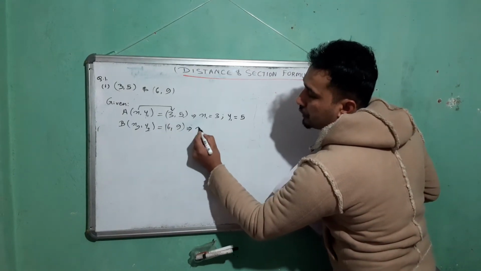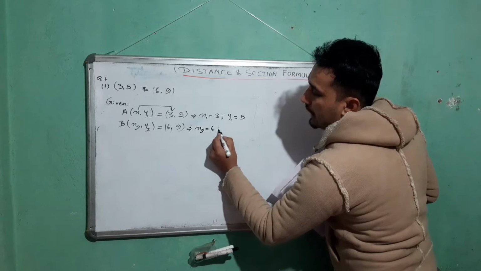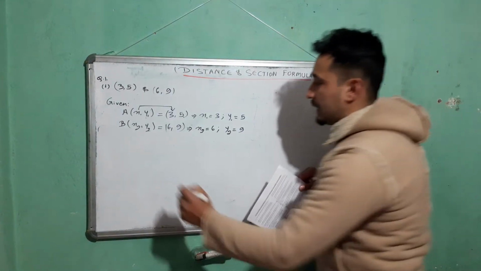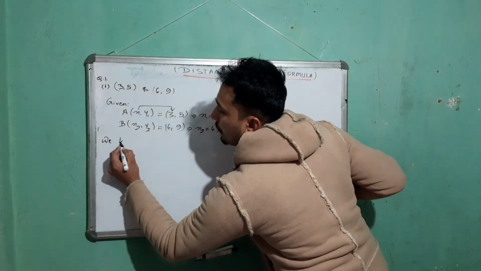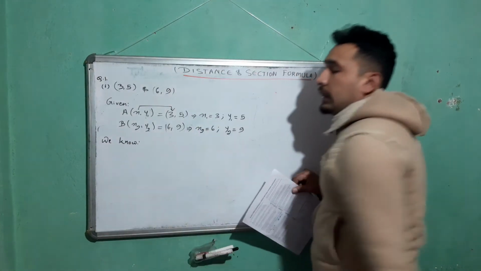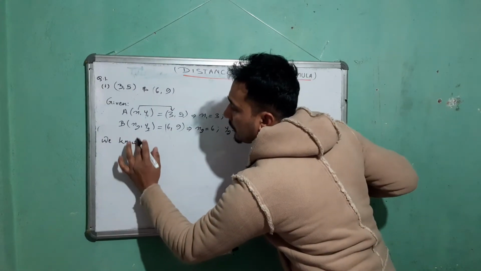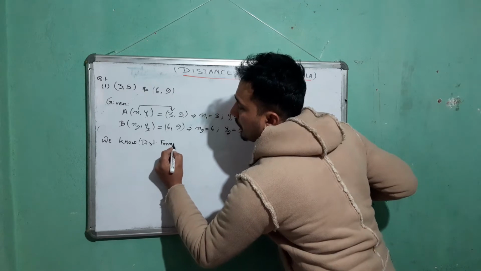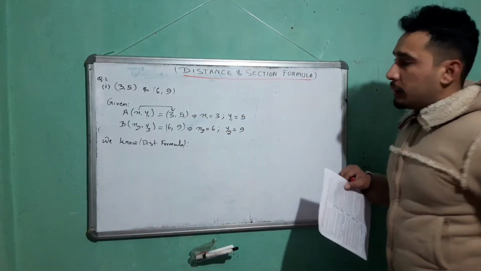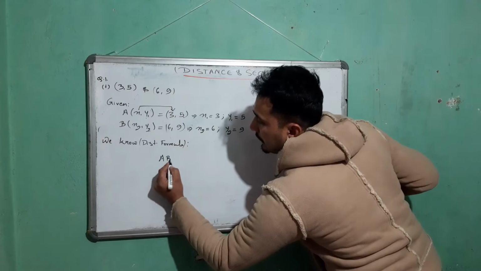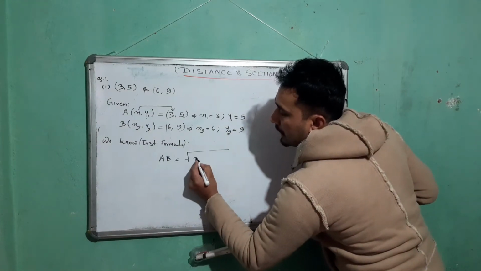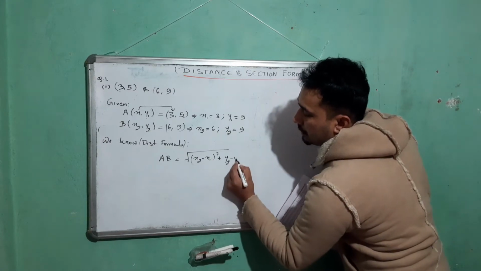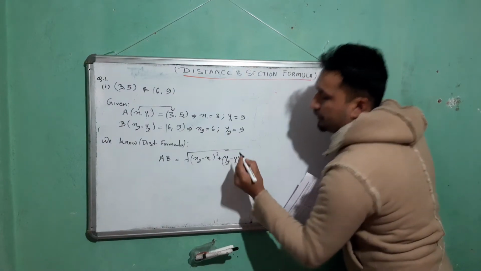Similarly, x2 is 6 and y2 is 9. So we have to find the distance. By the distance formula, AB is equal to root under (x2 minus x1) whole square plus (y2 minus y1) whole square.